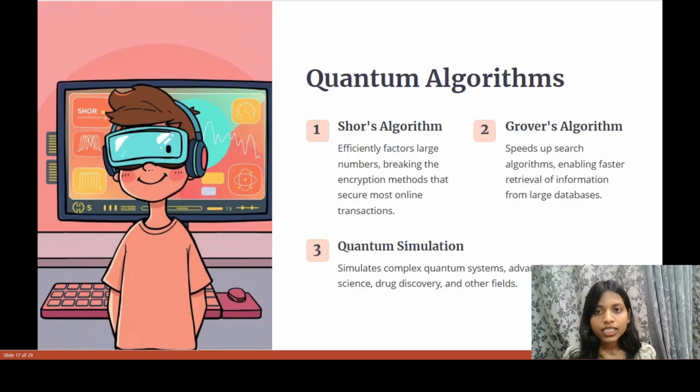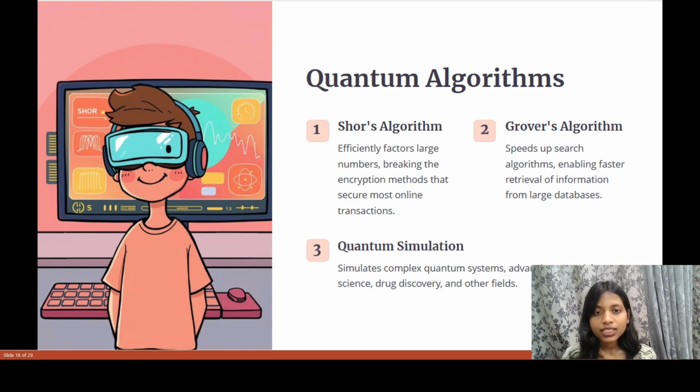Now discuss the next slide. Quantum algorithms. First is Shor's algorithm. This algorithm can break RSA encryption by efficiently factoring large numbers, posing a serious challenge to modern cryptography. Now, Grover's algorithm is used to search through large amounts of data.